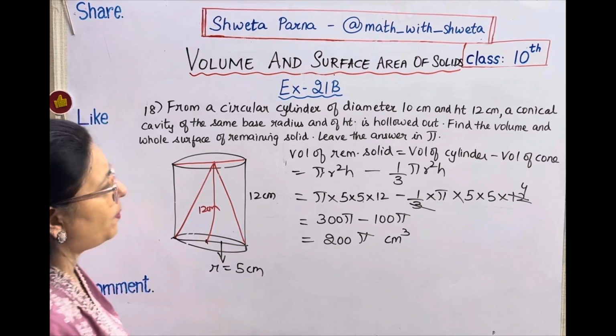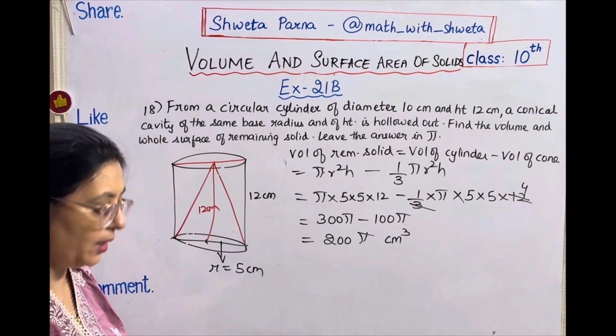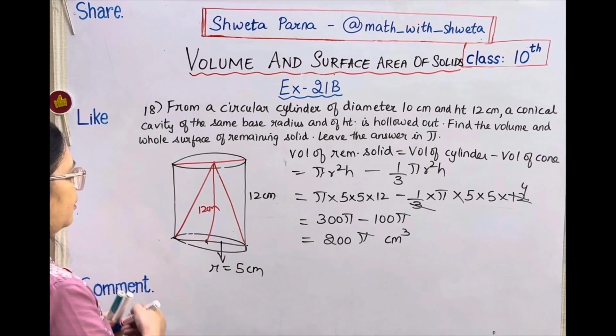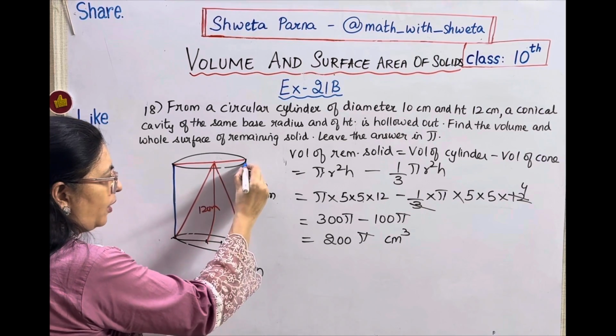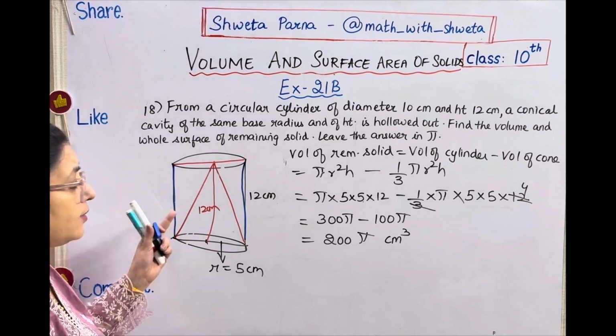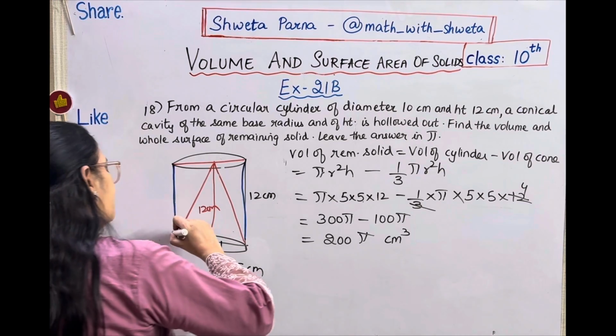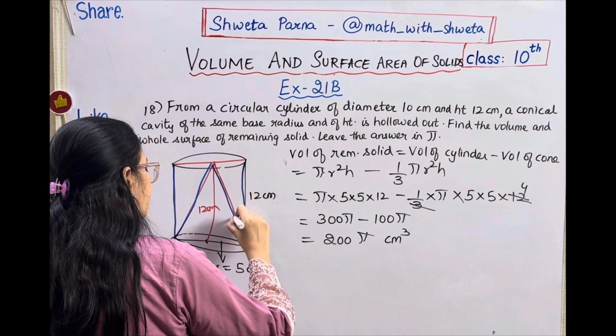Now, the second part of the question is, you have to find the whole surface of the remaining solid. Now children, what is the remaining solid? This is the remaining solid. What is it of a cylinder? It is a curved surface area. Then what is the remaining surface? It is this.